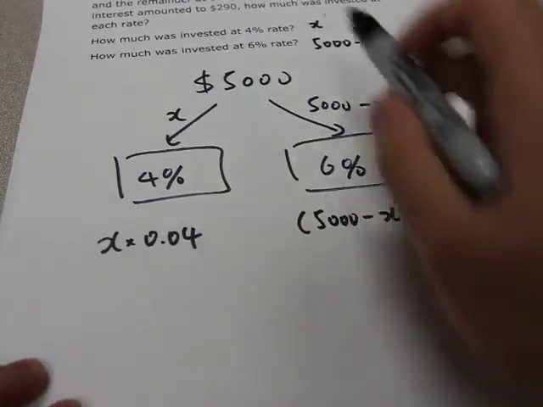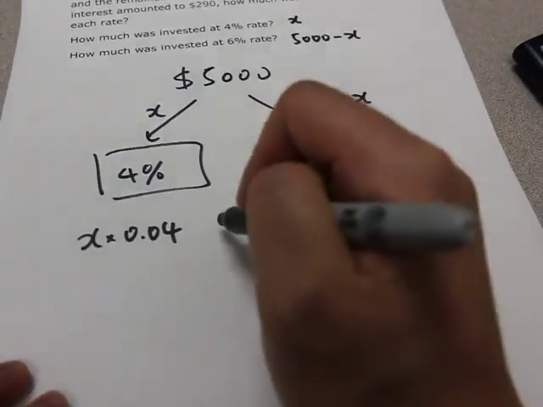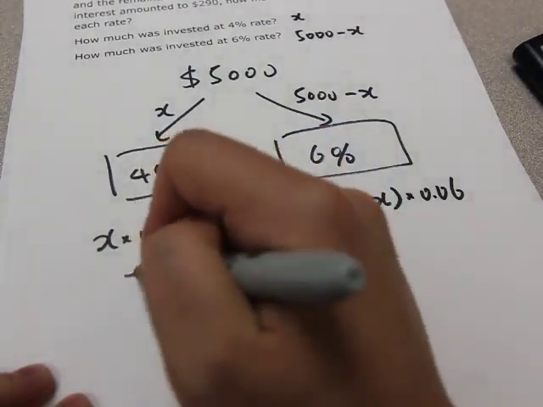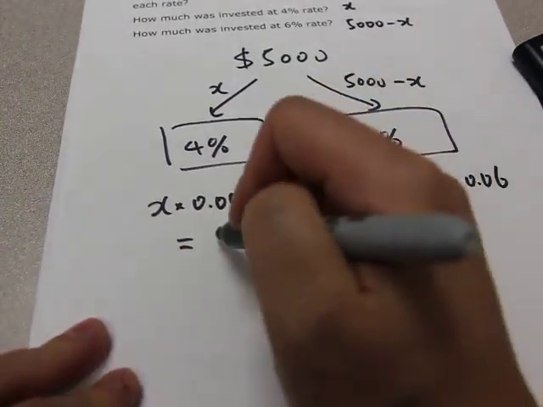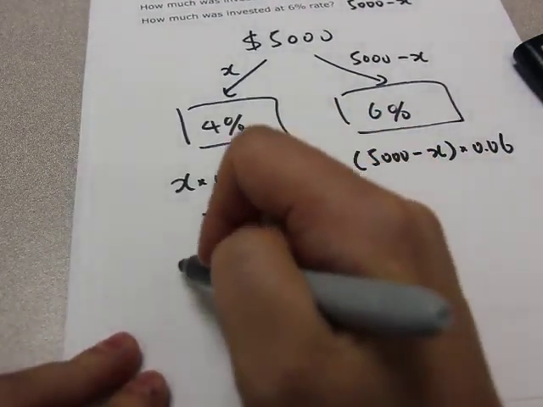And because we are told the total amount is 290, if we add these two, it should be equal to 290. So now we have this equation.